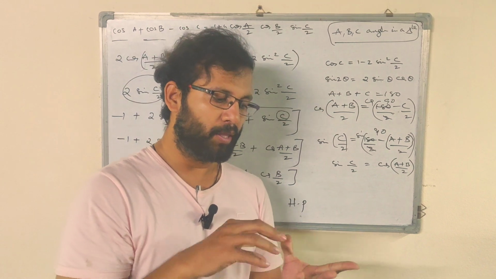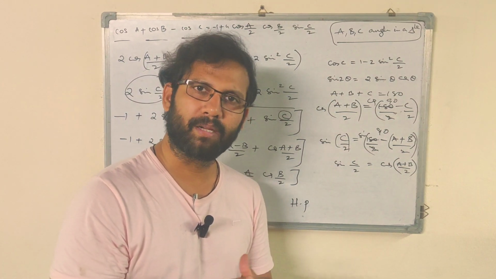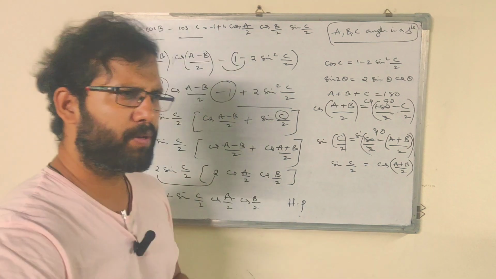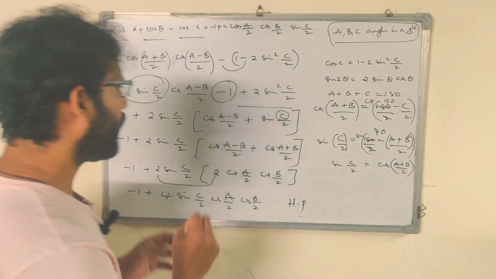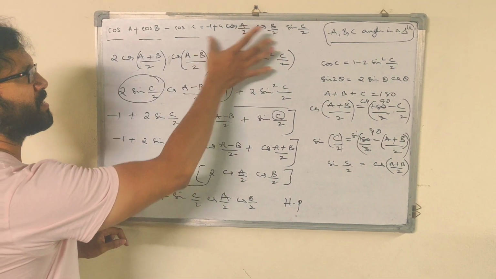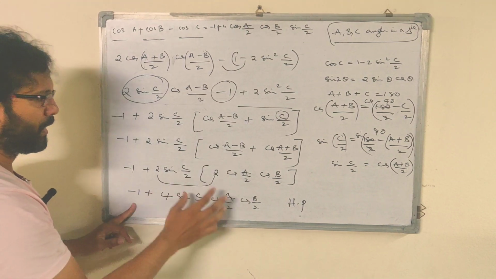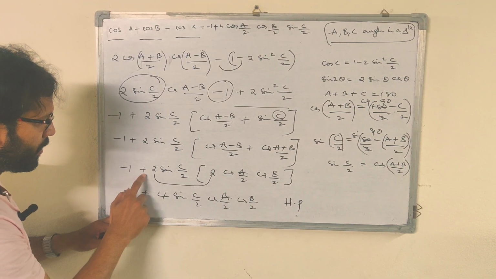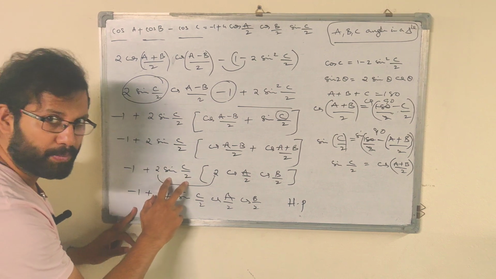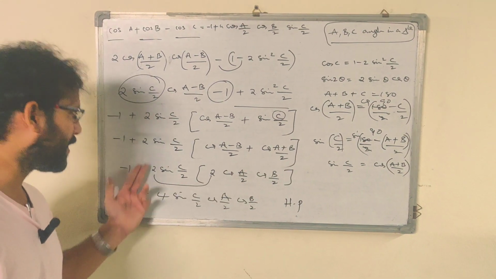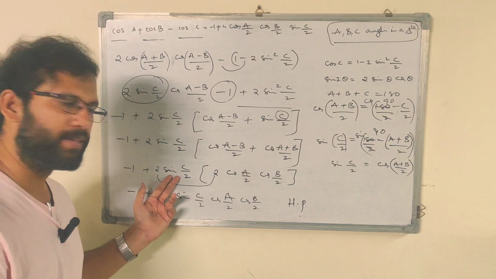So, for beginners, I'll tell you one very good tip. Write the answer at the last, whatever we have, and see, we have minus 1, the sine term is already there, till here is okay. Now, minus 1 as it is, plus 2 sin c by 2 as it is.